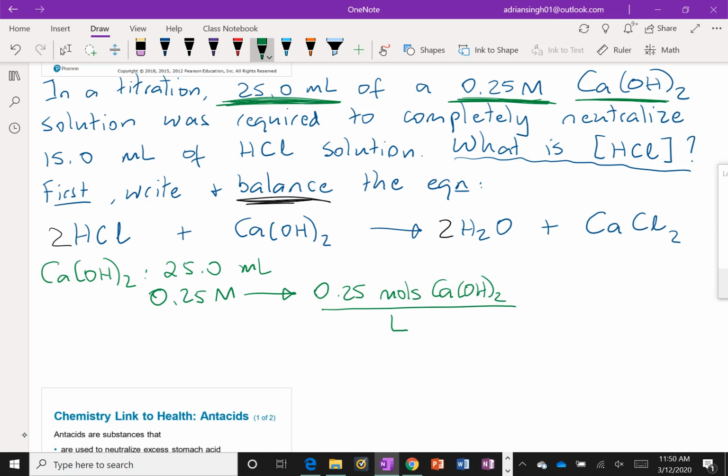Well, did we use a liter in the titration? No, we only used 25.0 mL. So we can convert that to the same unit that we have in our molarity, and all we need to do is divide by 1,000. So we end up with 0.0250 liters of our solution.